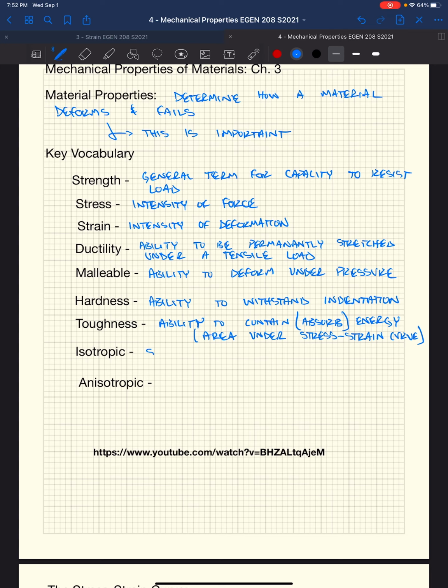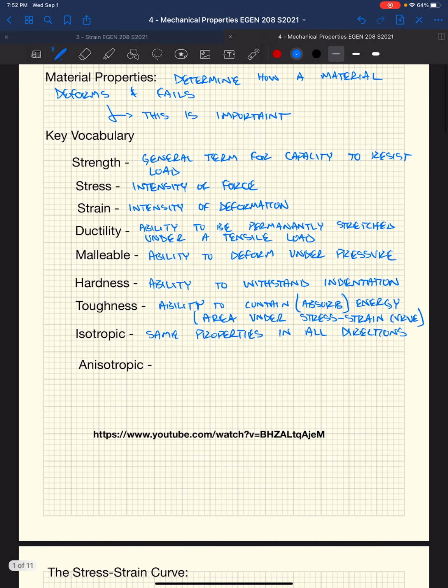Isotropic: same properties in all directions. Fiberglass is usually anisotropic, which would be different material properties in different directions.